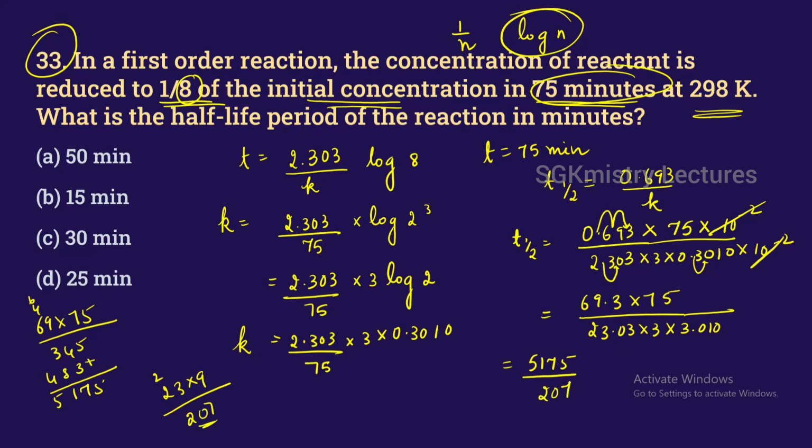Okay, so 5175 divided by 207. So again, approximation here: 207 twice it goes, so 414. So 301. Then if I bring it down, 5. So you can easily approximate: this is around 200, this is around 1000. So of course it should go 5 times. So we have 25 minutes as the answer.